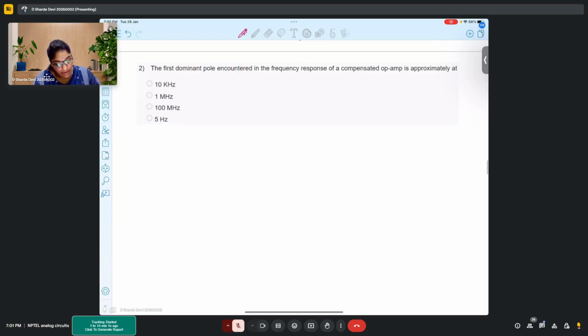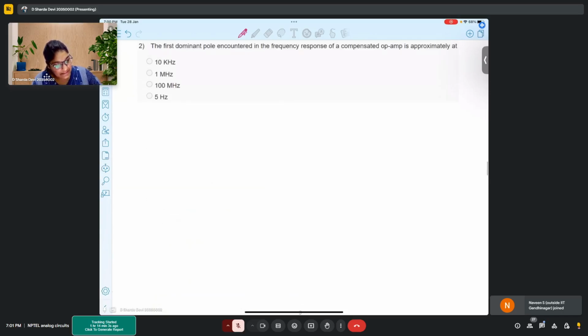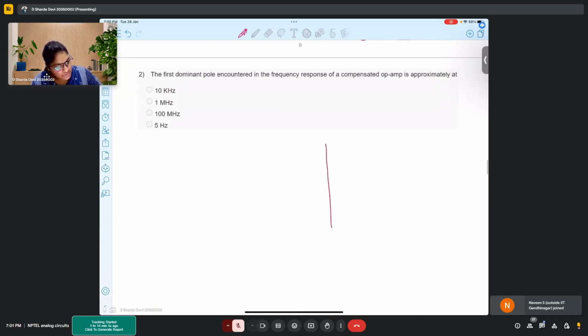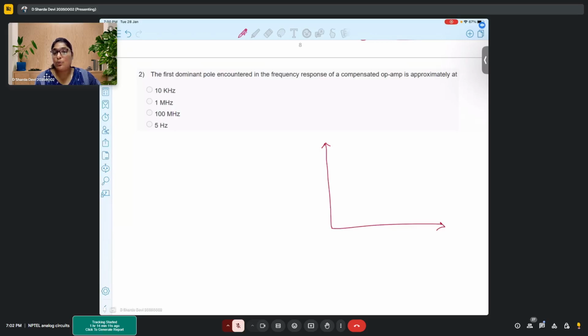When we have a frequency response, most of the time what we are concerned about is poles. Poles are very critical to us. Zeros are not that critical for us, but poles are very important.